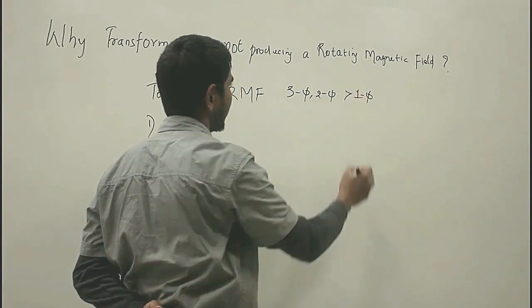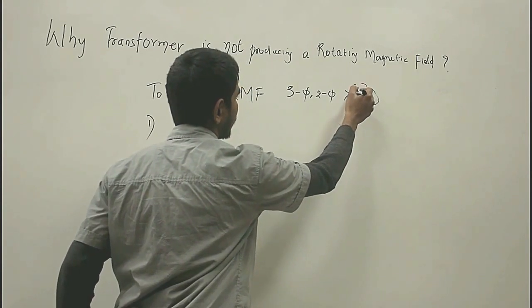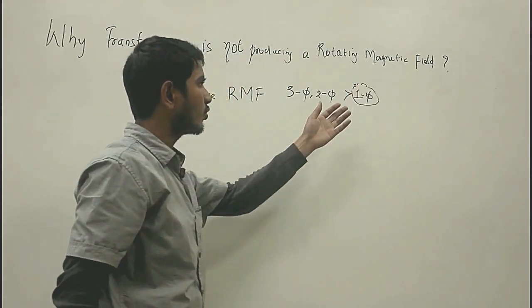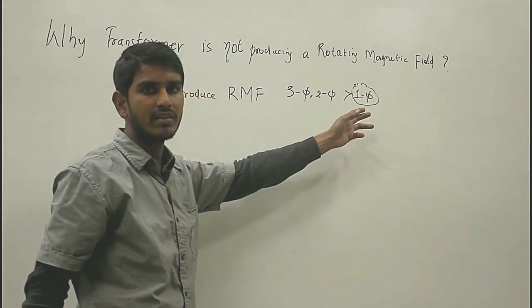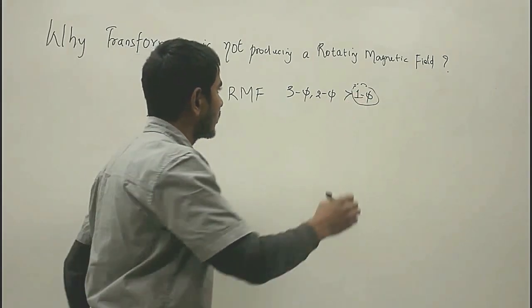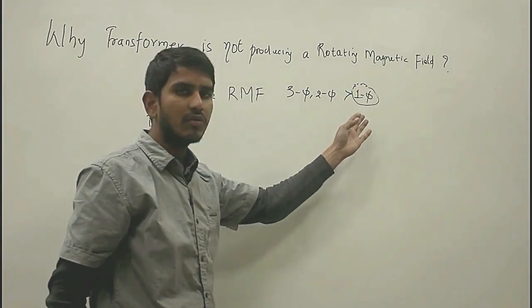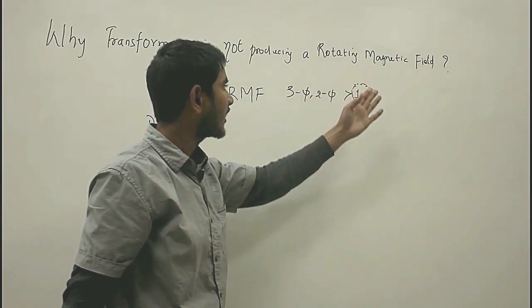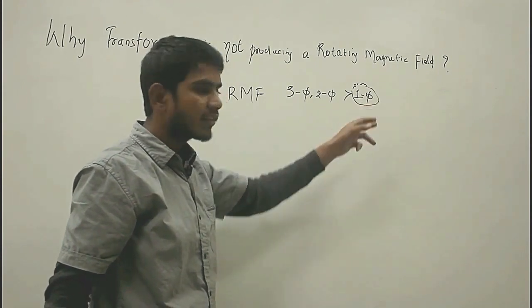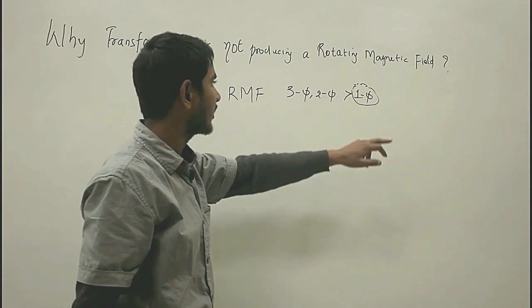It can be applied to any number of phases, but it won't apply to your single phase, because for producing torque we need two quantities, that is two windings, but in single phase we are having only one winding. So if we employ other winding in single phase, we can have a rotating magnetic field, but if you are having a single winding, then you cannot have a rotating magnetic field.